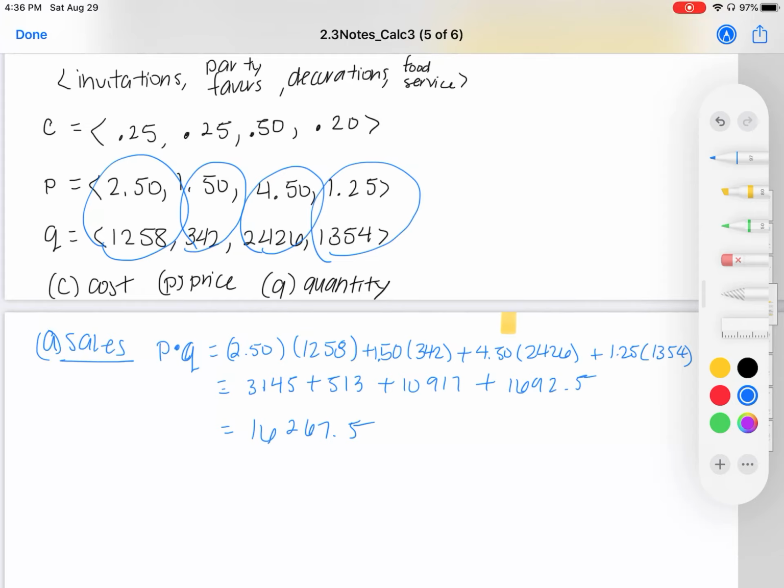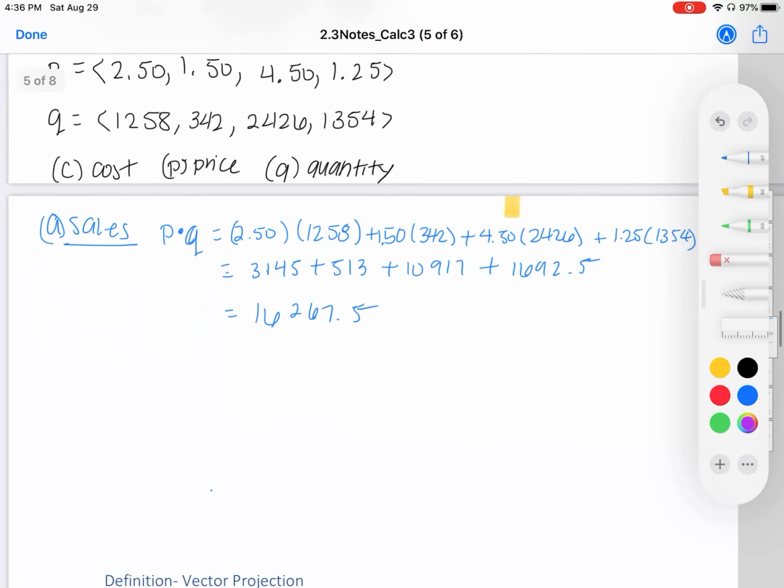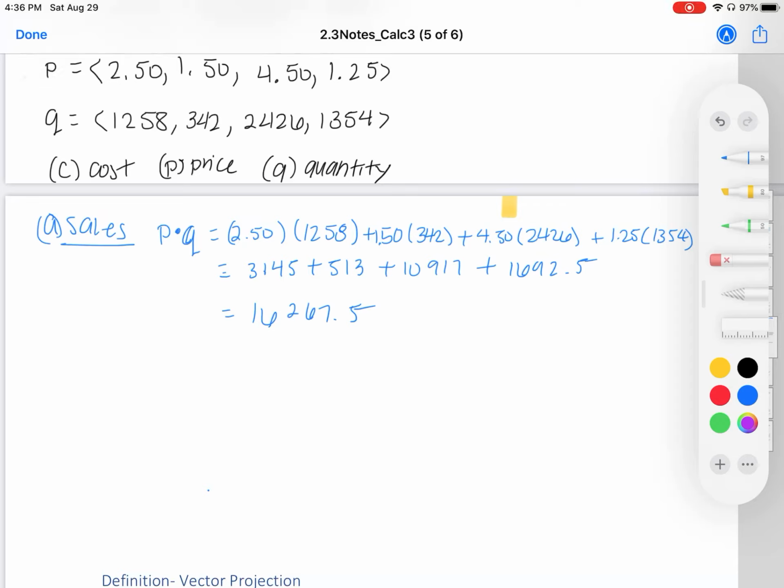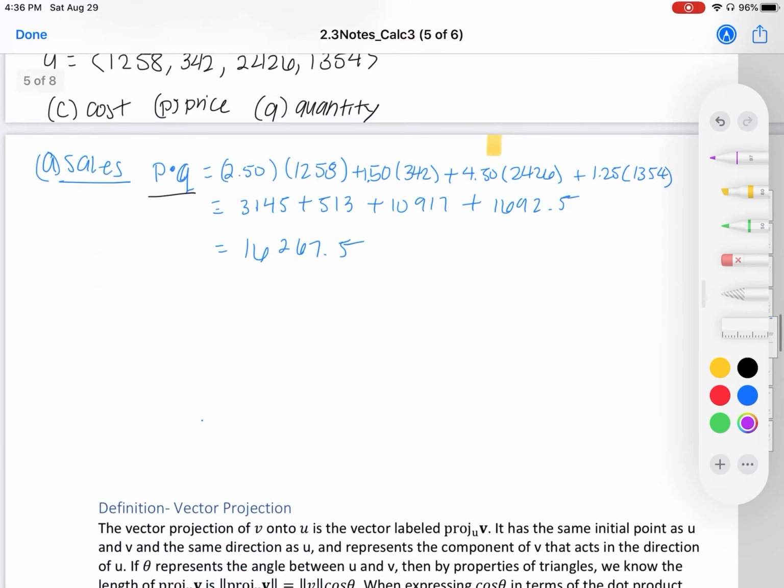All right. Now let's find how much we spent for all of this stuff. So let's do cost and quantity. So the first one was P and Q. Let's go ahead and do this again, but with C and Q, the dot product of C and Q. I won't drag you through all the work of the dot product.